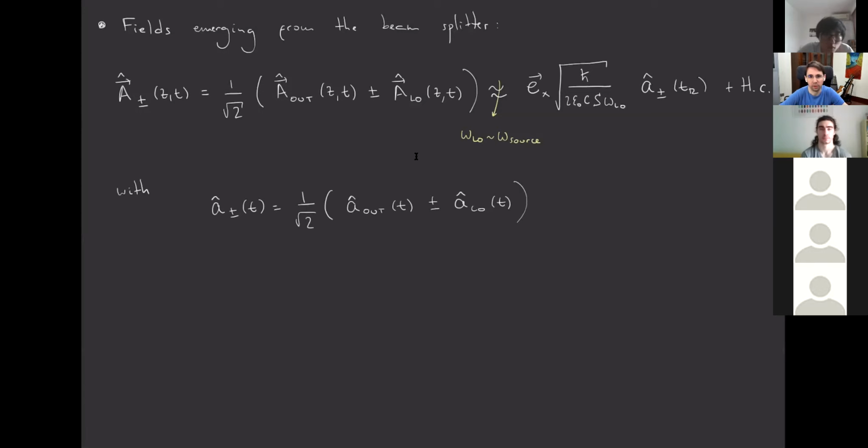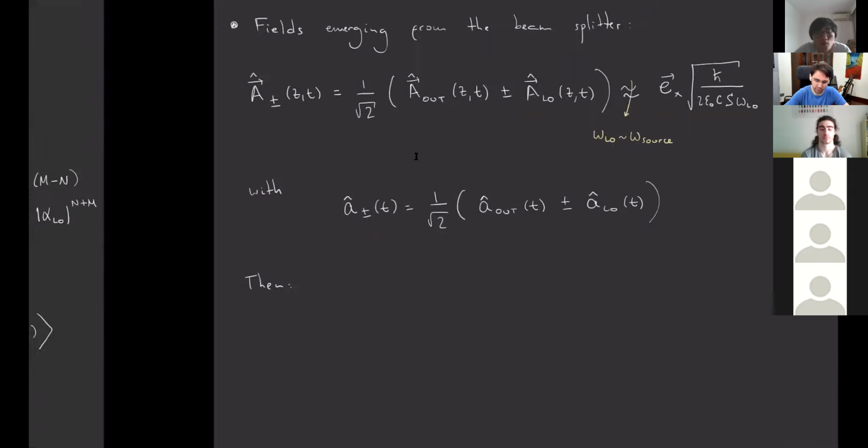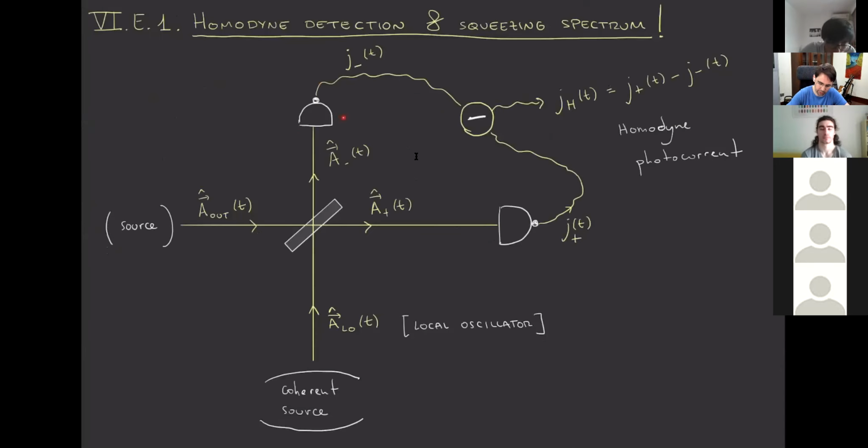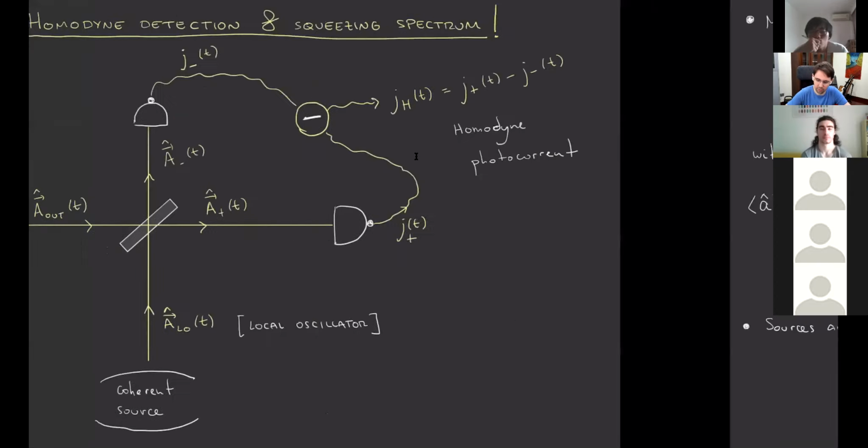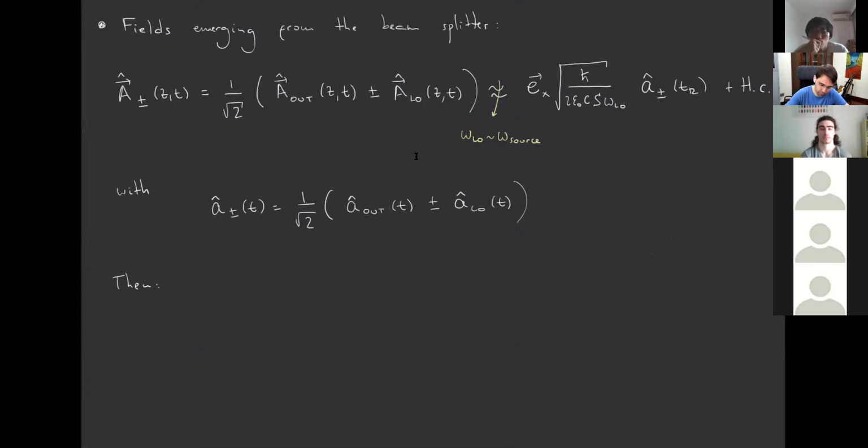Okay, so now since we understand the properties of this operator, and these are the operators that we want to characterize, in these operators we have all the information we need. So in particular, now that you know this, the photocurrents in these photodetectors, these photocurrents plus and minus, will be related to the corresponding photon number operators.